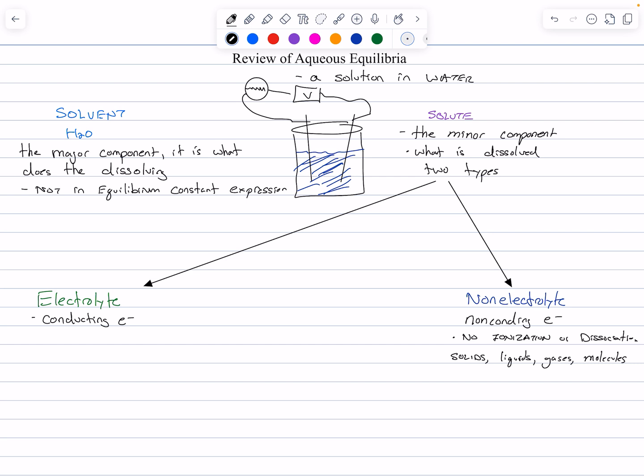Anytime you see S, L, G, molecules like sugar, like proteins, lots of them, they are non-conductors.